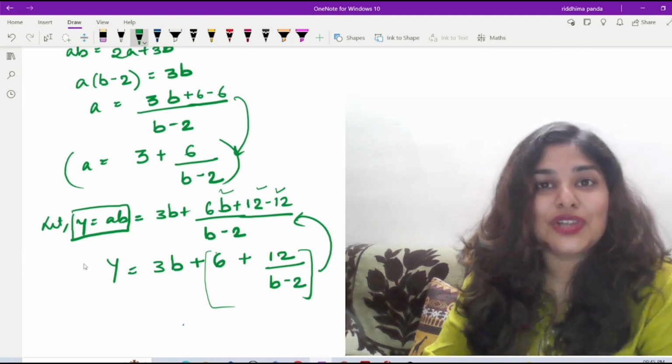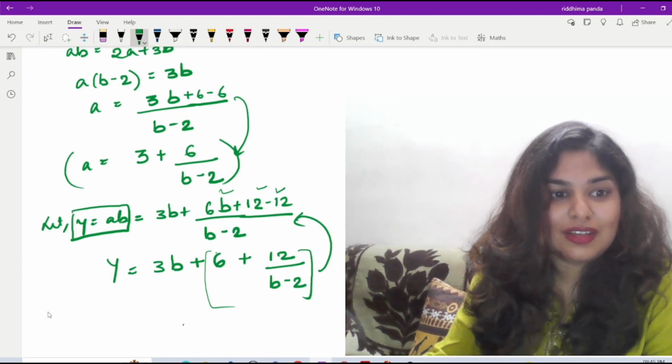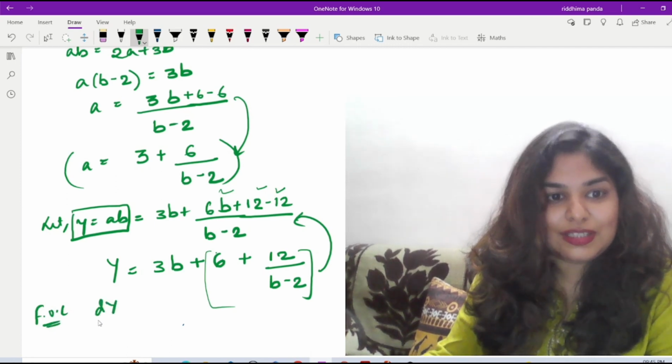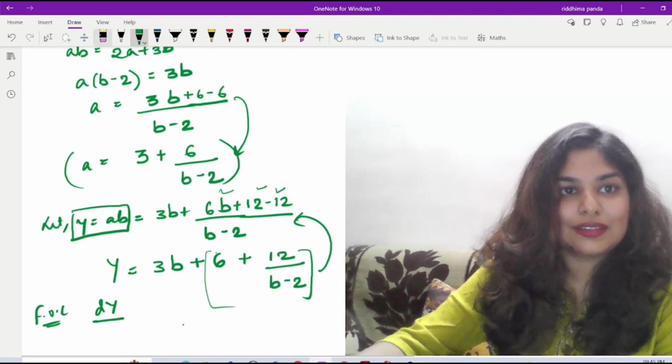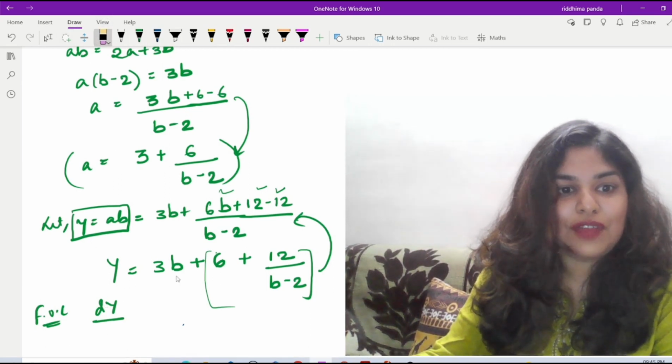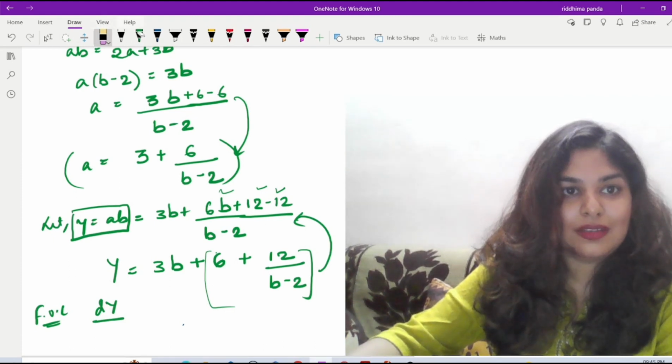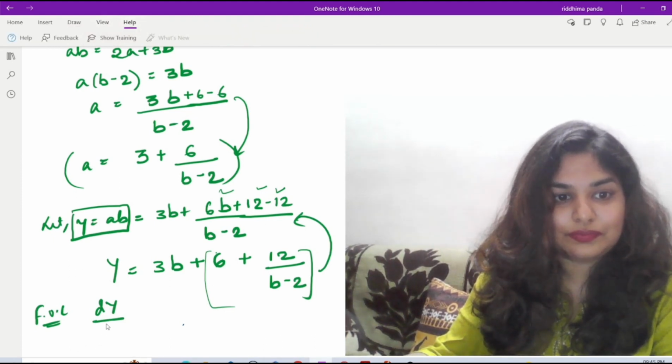That is the first order condition for minimization, which requires dy by db to be equal to 0, so we're going to find out the value of b, right?